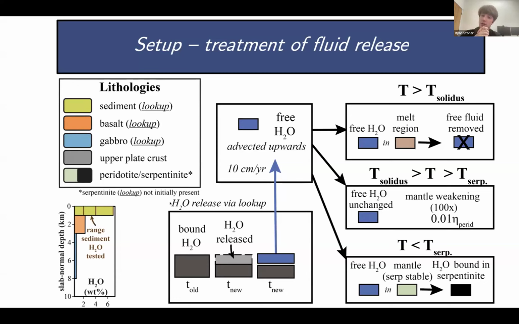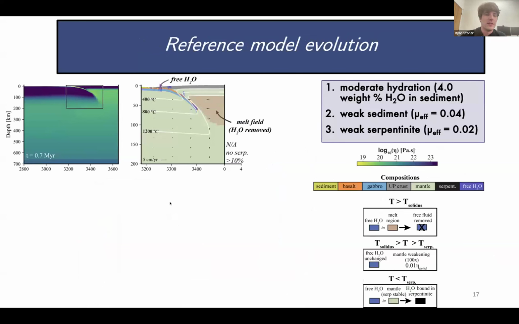And then the one that's really interesting to us is if it comes into contact with the mantle, and serpentinite is stable, then we form a compositional field for serpentinite in black. So this will become more obvious when I show some of these simulations as they evolve through time.